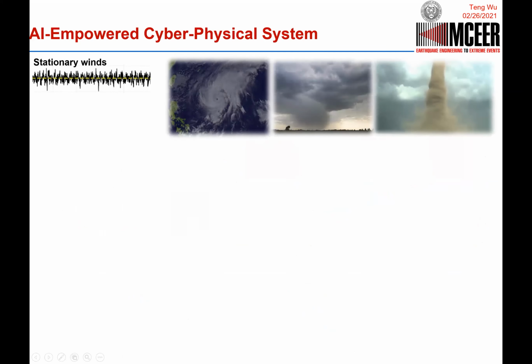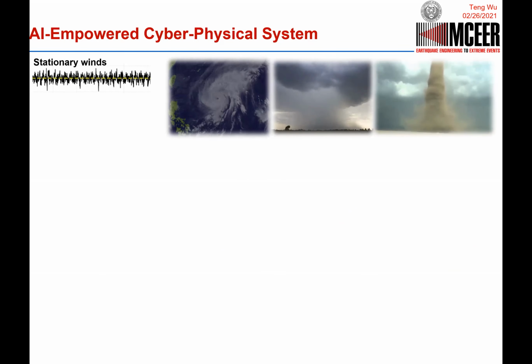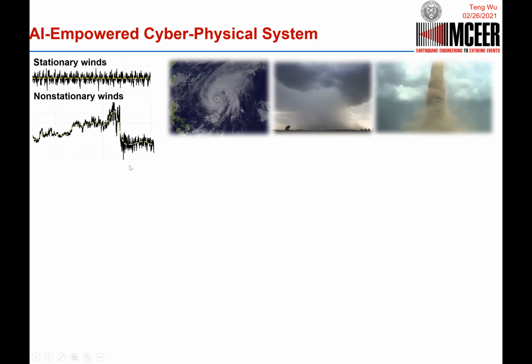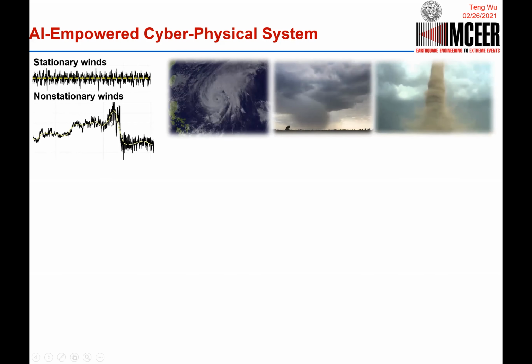But extreme winds, like hurricanes, downbursts, or tornadoes, usually present what we call non-stationary winds. So we want our wind tunnel to generate these non-stationary winds, because this is very important.